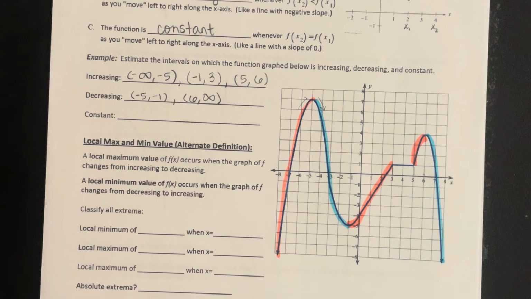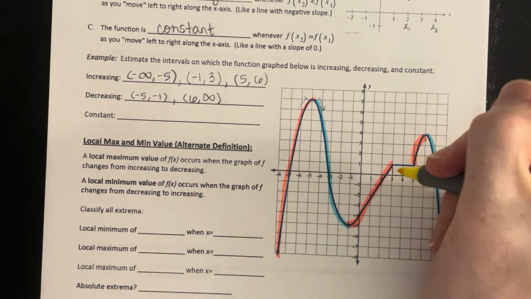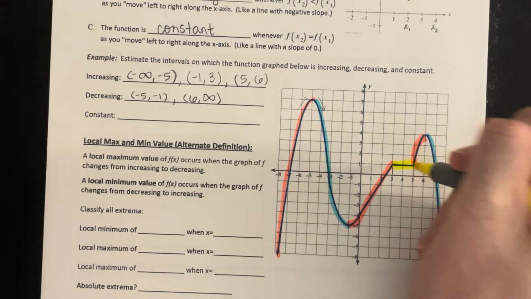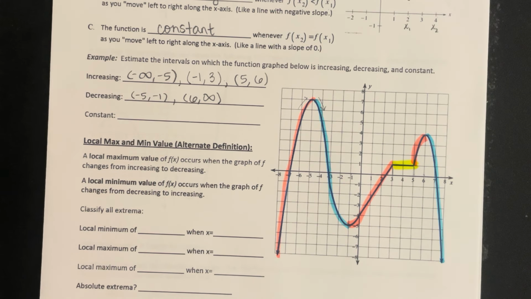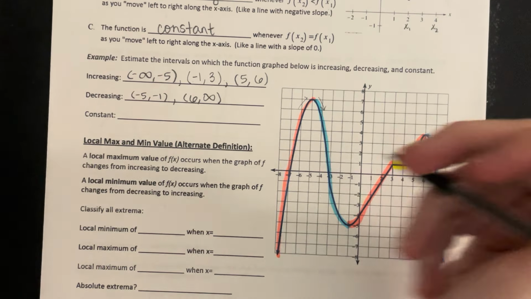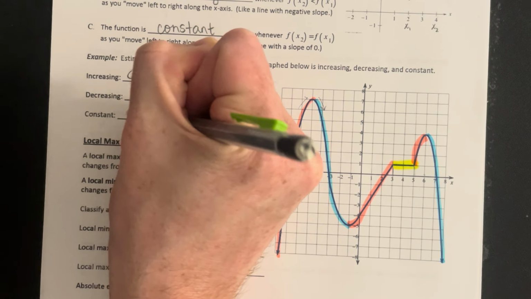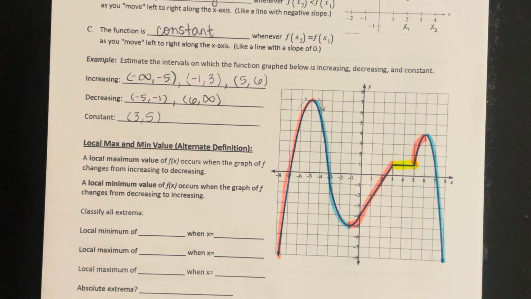There's a last section about when this is constant. So this function is constant here when the function is flat. It has a slope of 0, and that's between 3 and 5. There is some debate about whether we use union symbols or whether we use commas to separate the lists.